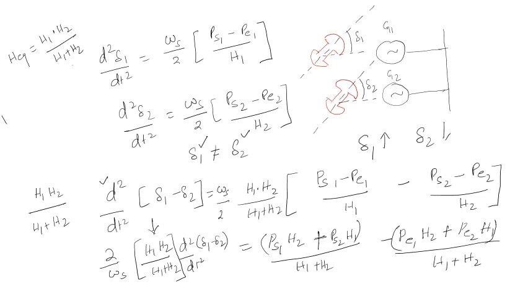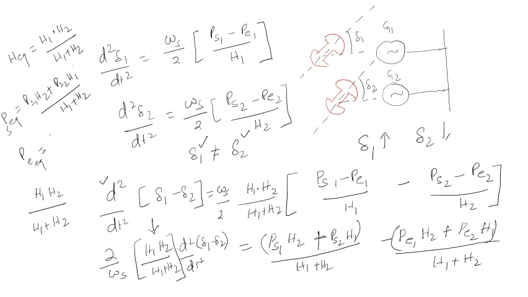And what is our effective equivalent on the mechanical side? It is (Ps1 H2 plus Ps2 H1) upon H1 plus H2. Okay, and that is the mechanical side Ps, and what is our electrical side?